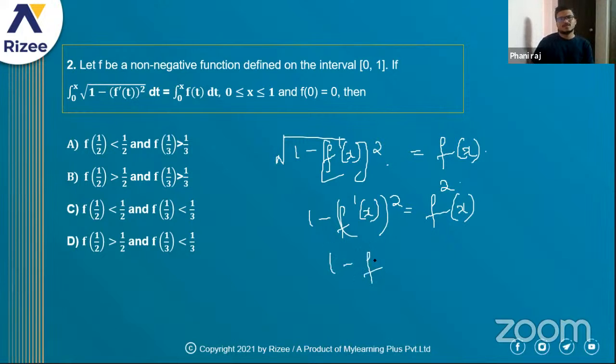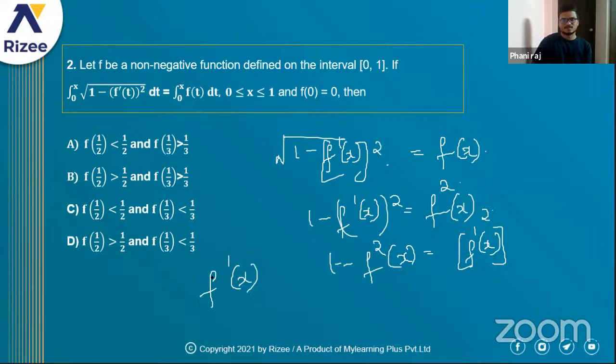So f dash of x by under root 1 minus f square of x equal to 1.